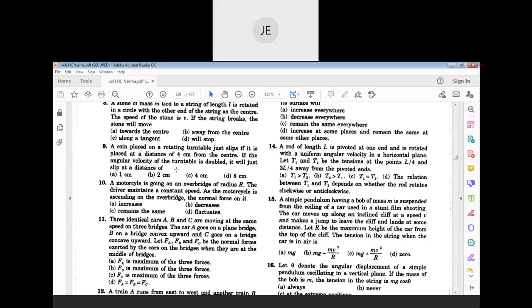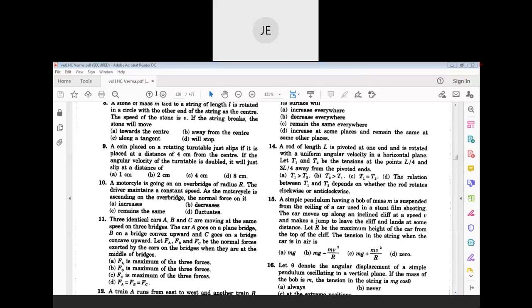In the first case, in terms of angular velocity, the force equation is m r omega square. In the second case, it is m r into 2 omega whole square, as omega is doubled.